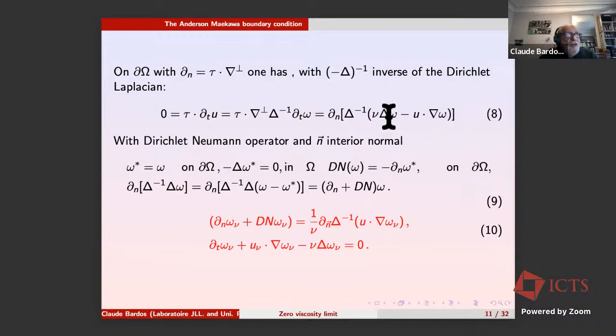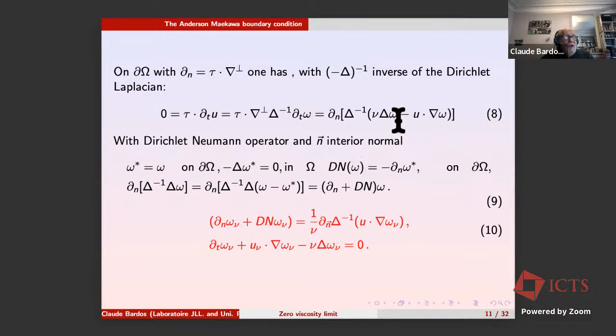Well, this is not true because the Laplacian of the vorticity on the boundary is not 0 when multiplied by nu, so you cannot invert this thing naturally, but you can make omega equal to 0 on the boundary, provided you subtract from omega a quantity omega star, which is the solution of the Dirichlet problem with 0 inside and on the boundary minus the normal derivative of omega, which will make this quantity the normal derivative of omega minus omega star.